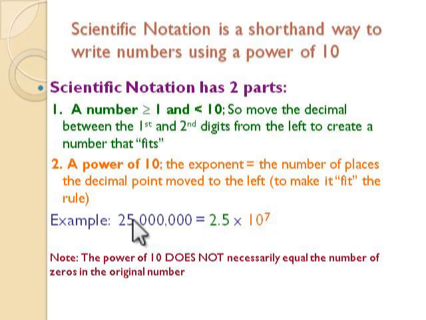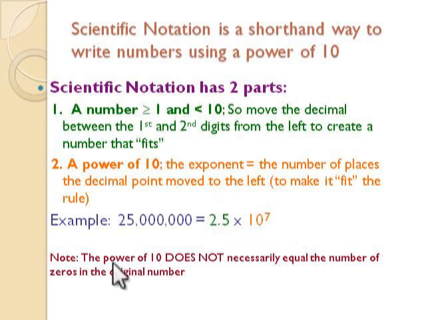And we have the 5, we have these 3 zeros, and we have these 3 zeros, so that's a total of 7. So we have 2.5 times 10 to the 7th. This is scientific notation. This is the way to write 25 million in scientific notation.